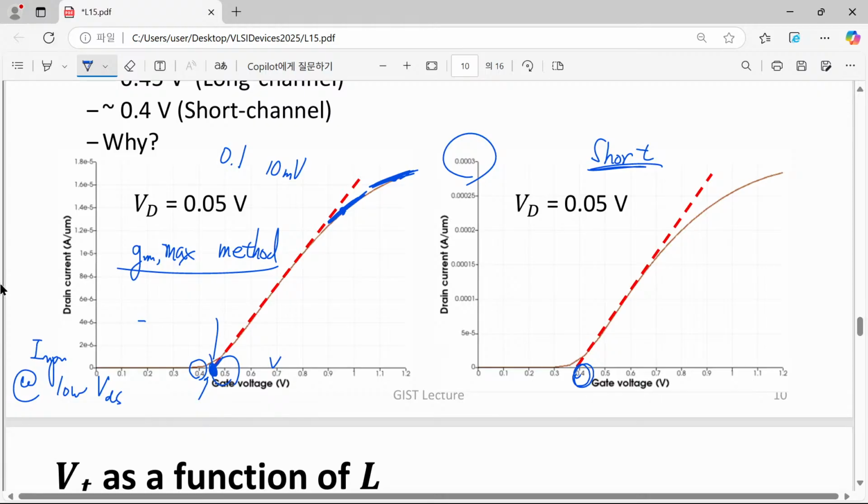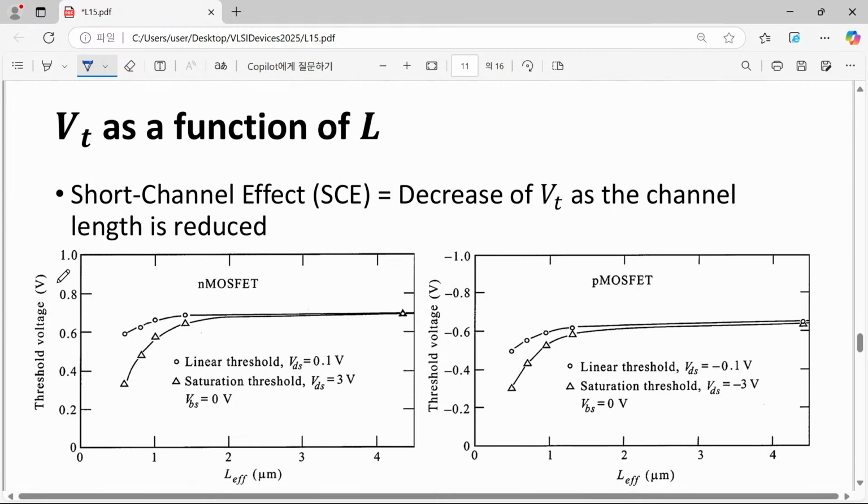Okay, so let me just show you very important graphs. This kind of graph is quite important.